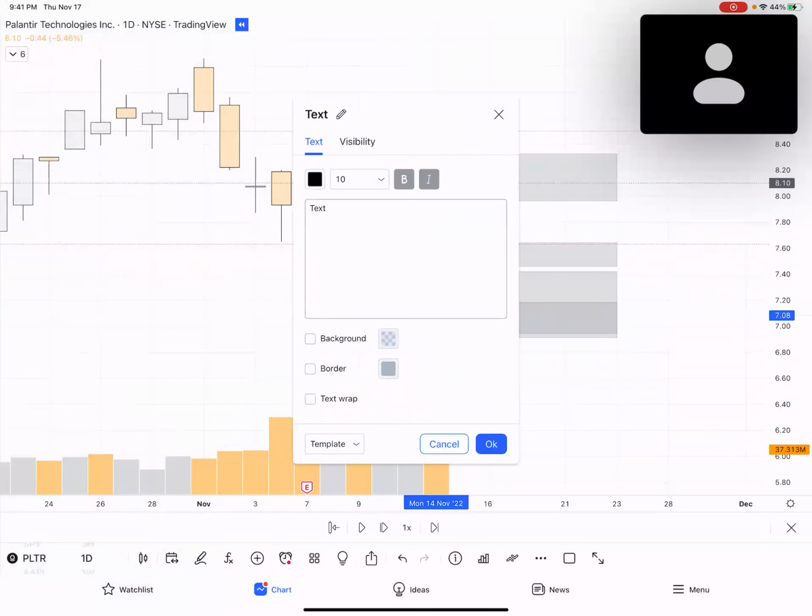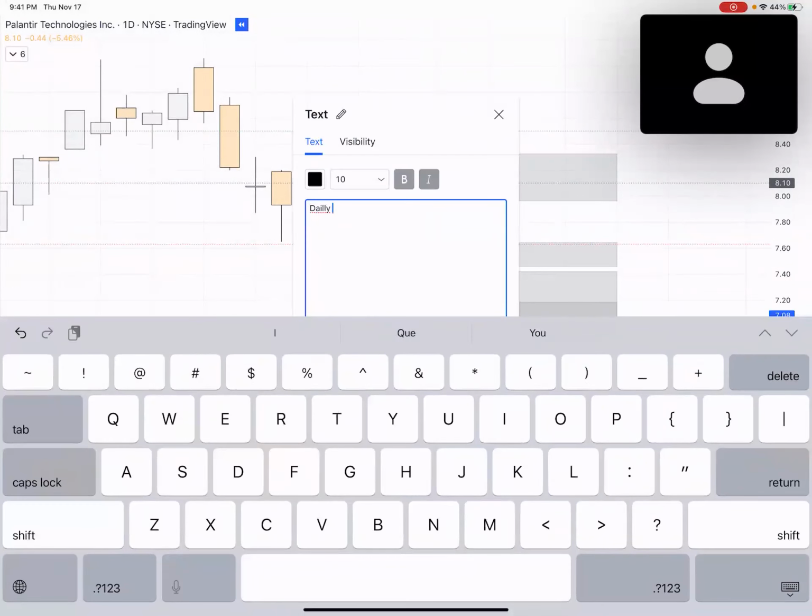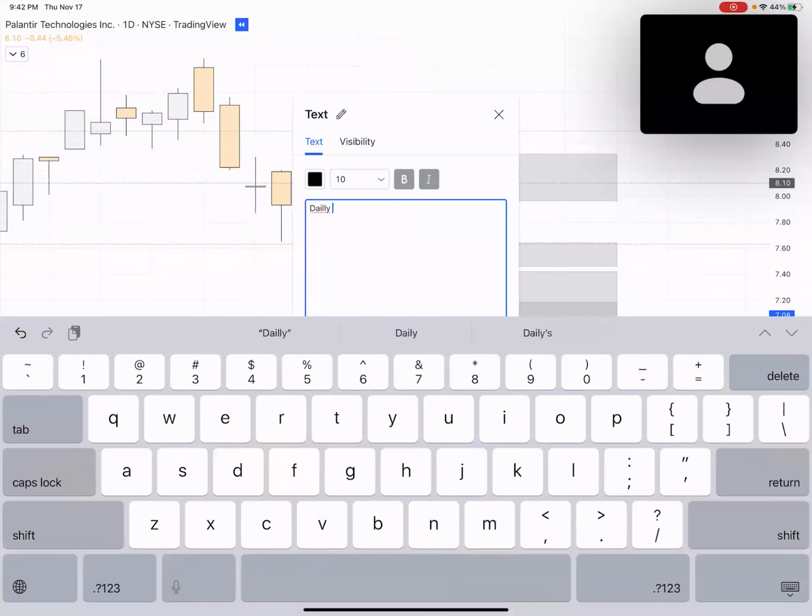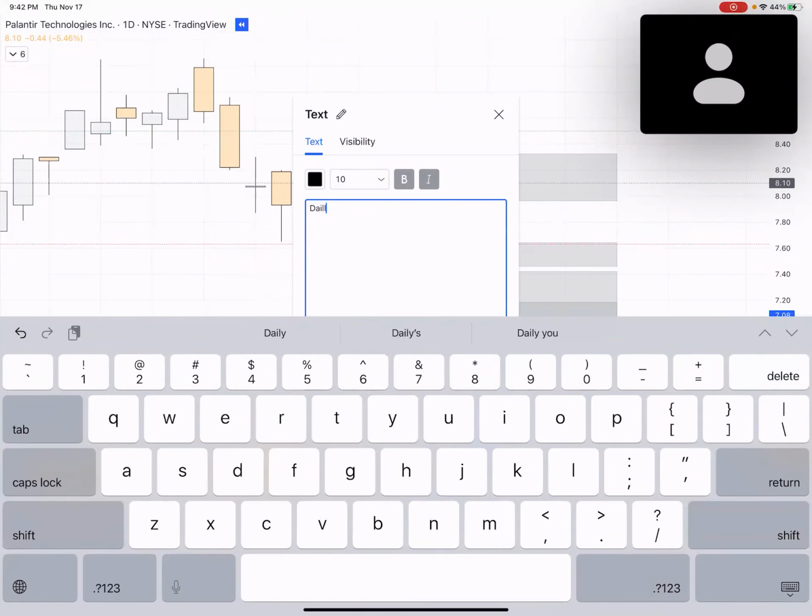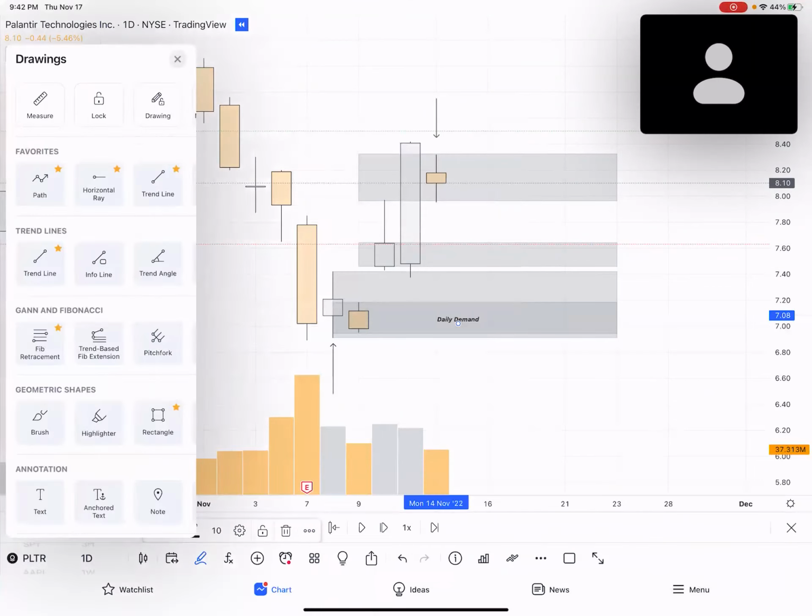So let's call this daily demand, daily supply.